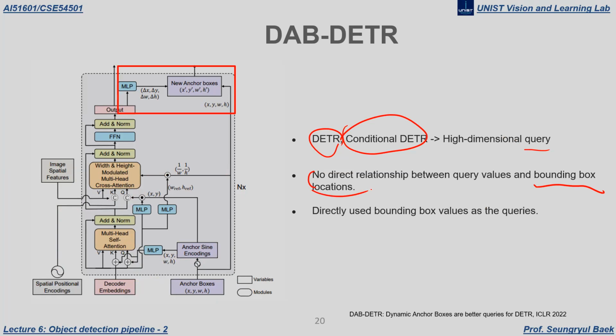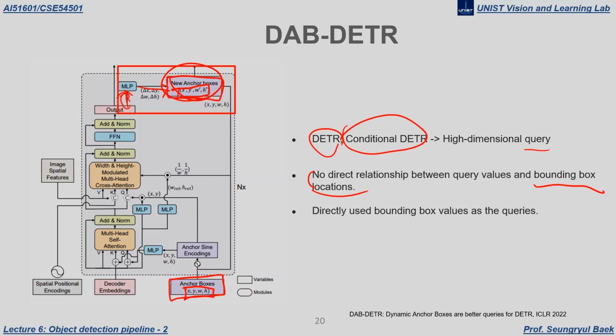But this time they manage them as low-dimensional values for bounding boxes, so they can infer the bounding box at every output and update these anchor boxes.